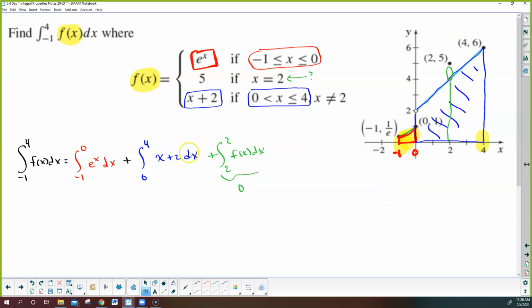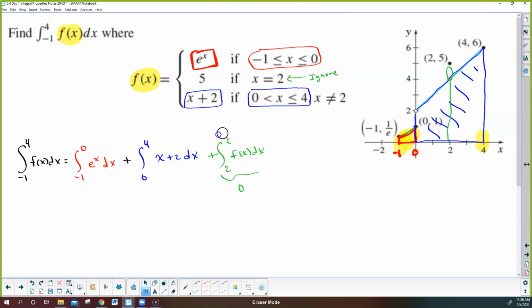And if you wanted to, you could even split this up to go from 0 to 2, and then you have another one with the same function from 2 to 4, and that would split this up into 2 trapezoids. But we can ignore one single point because that doesn't give us any area here.